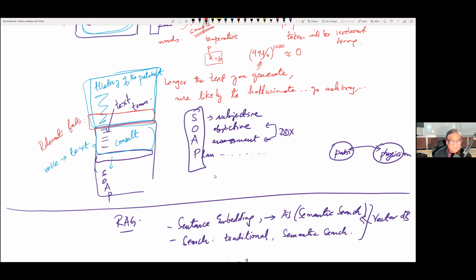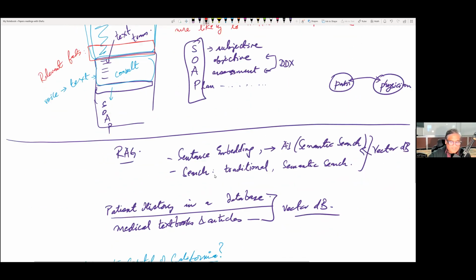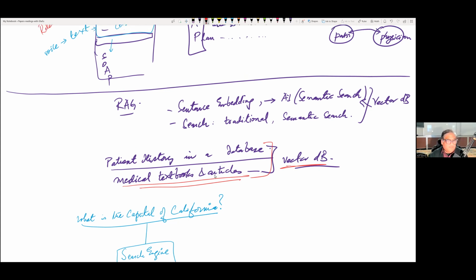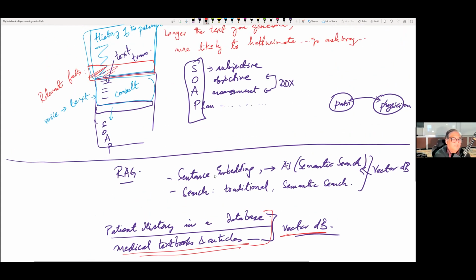And those relevant facts, what we were doing is, we were pulling it out of this vector database of the articles and textbooks. And obviously we have put a very specific diagnostics related knowledge into that vector database. We fed that into it here.